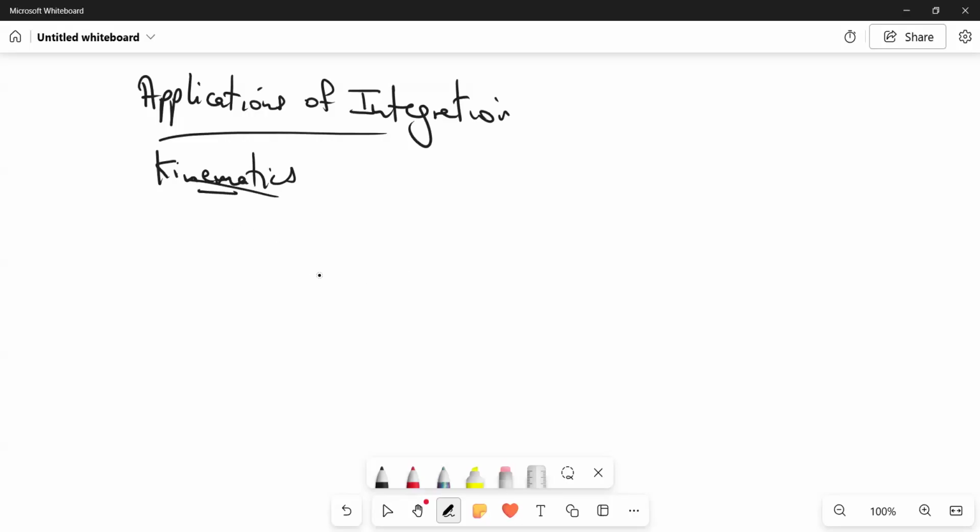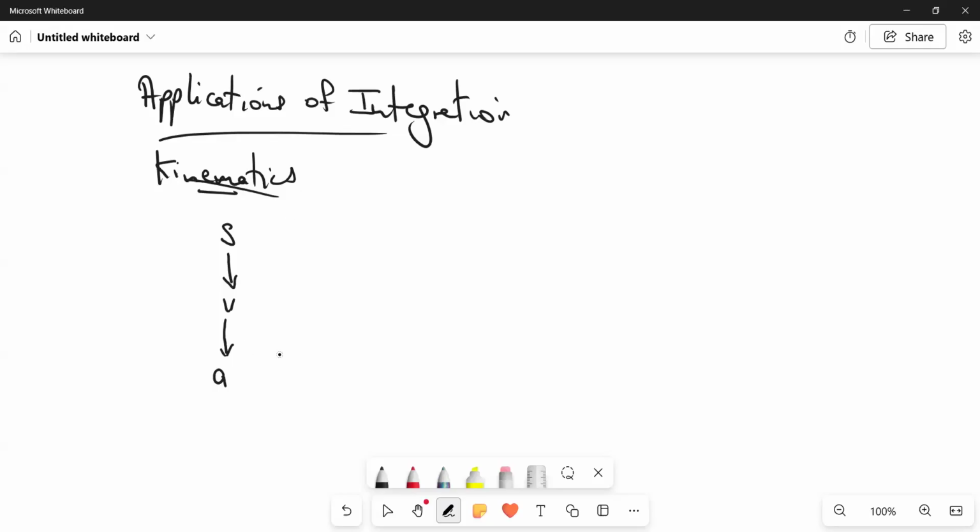I think when we did differentiation, we did say that if you have the displacement as a function of time, when you differentiate, you will get velocity. And if you differentiate velocity, you will get acceleration.